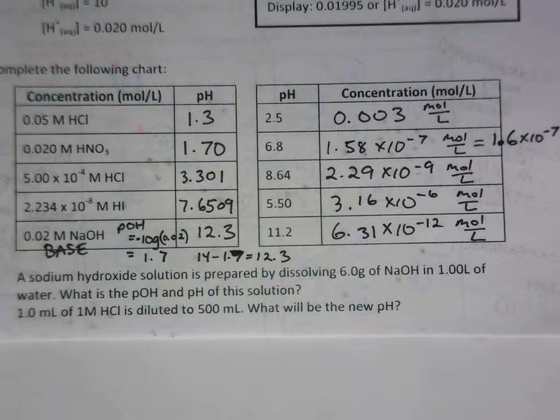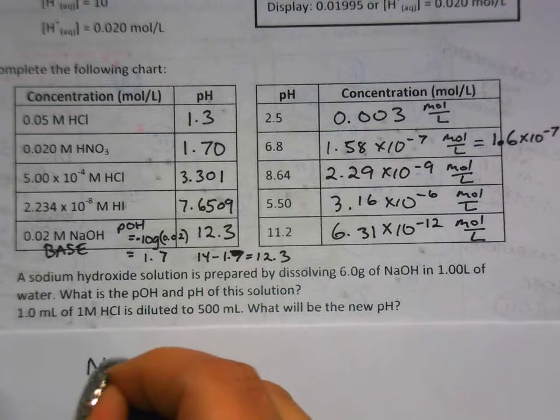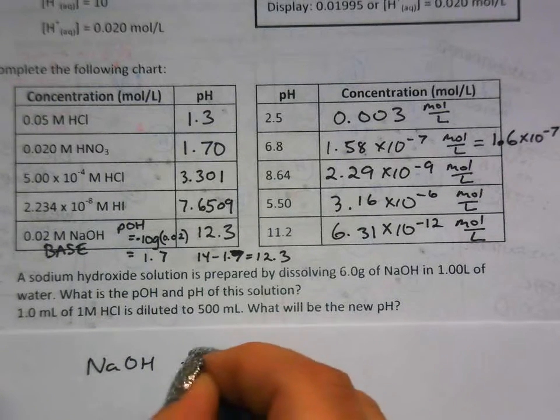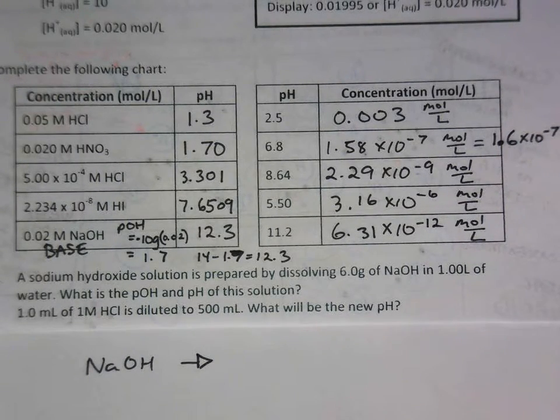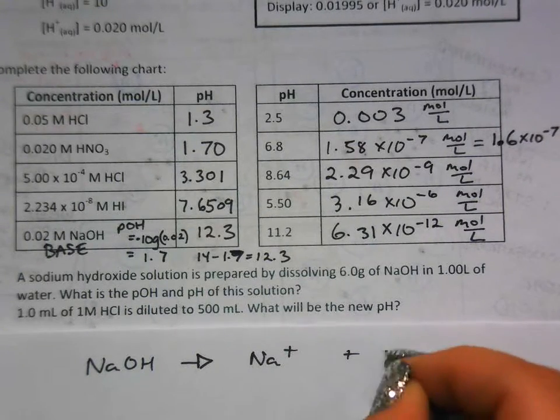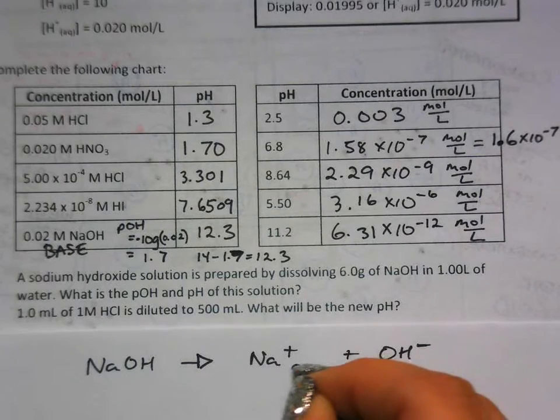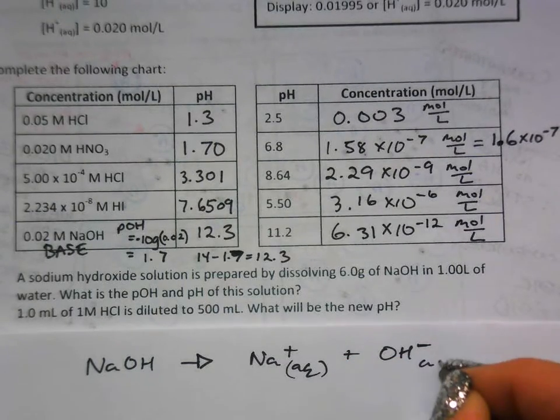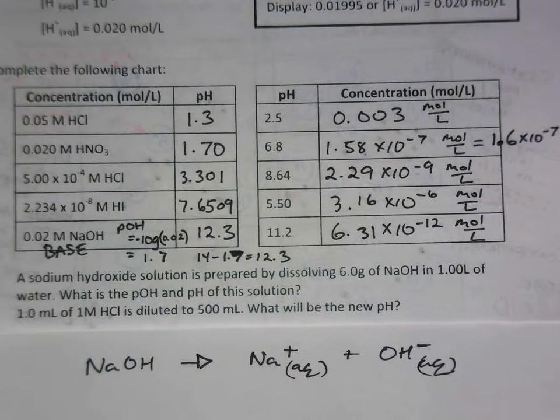A sodium hydroxide solution is prepared. This is one of our bases that splits into Na and OH, becoming aqueous. They ionize and dissociate into 2 ions.